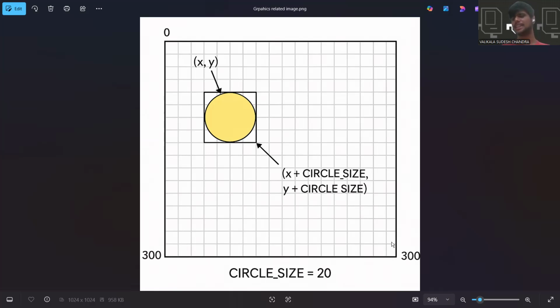We ensure that all the circles are inside the canvas itself. And the second important thing that we need to ensure is the perfect circle we want. Okay, I hope the screen is visible.